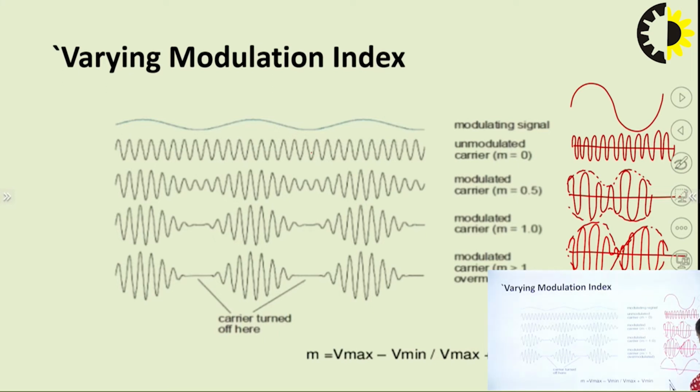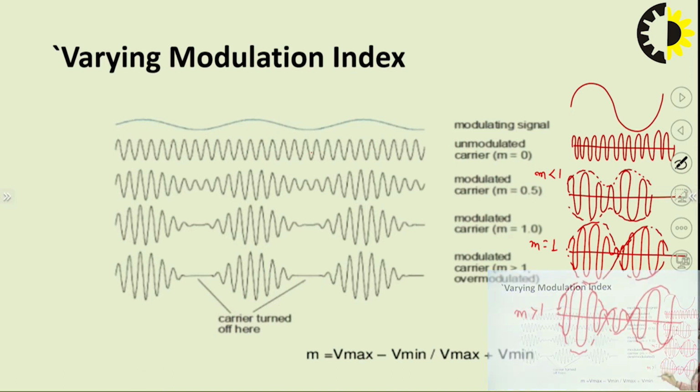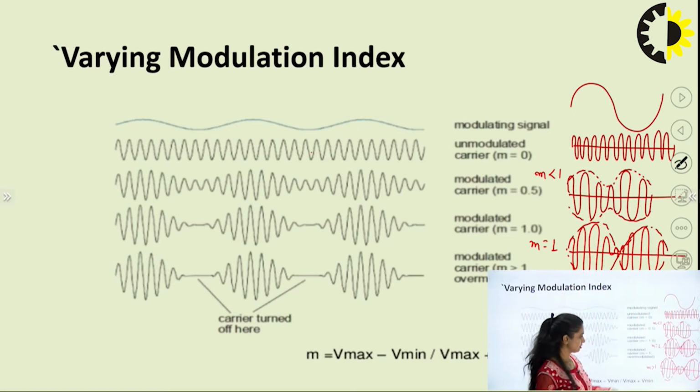We get such variation, that is phase reversal. We can see here there occurs a phase reversal. So, this is the case of small m less than 1, this is small m equals to 1, this is small m greater than 1. When my small m is greater than 1, then it reverses the phase, right? See, here we can see the phase reversal.